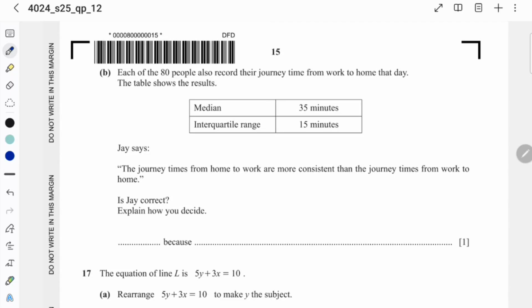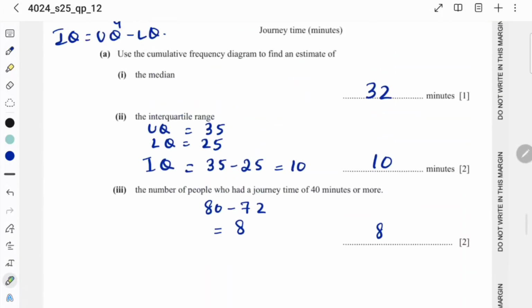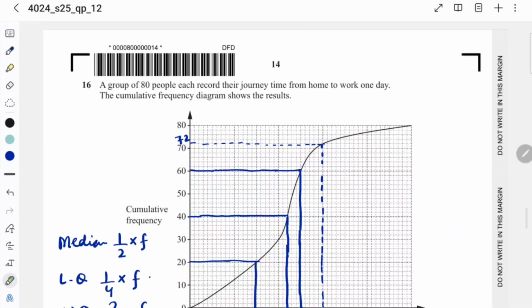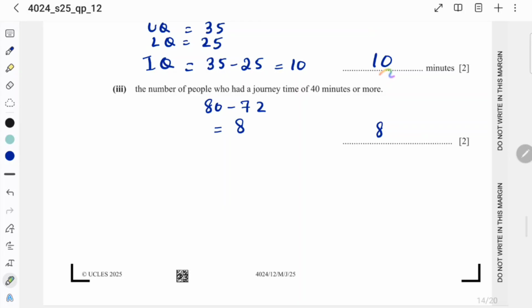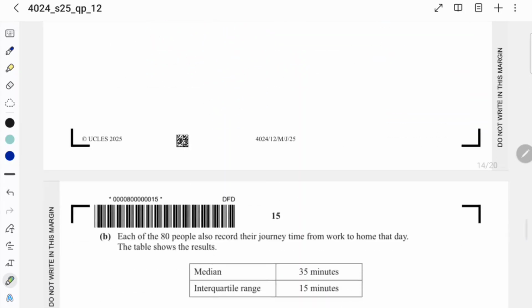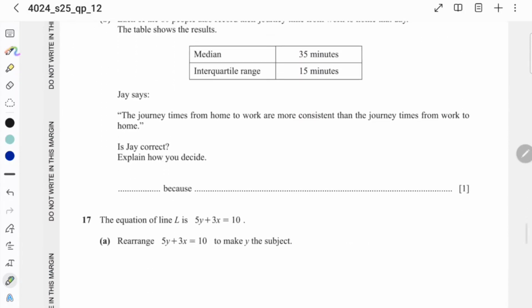Okay, so for work to home, the interquartile range is 15 minutes, and for home to work, the interquartile range is only 10, which means you don't have too much difference in the quartiles, and it means that it is more consistent.